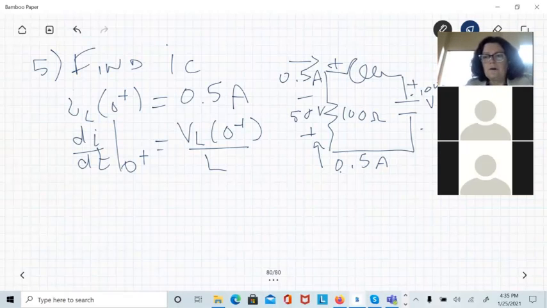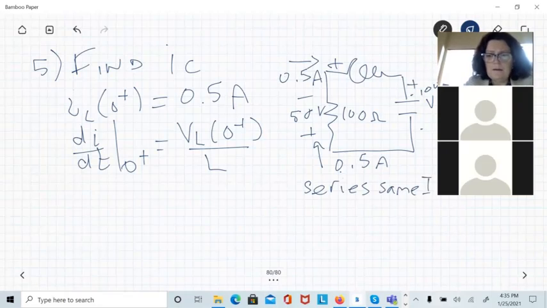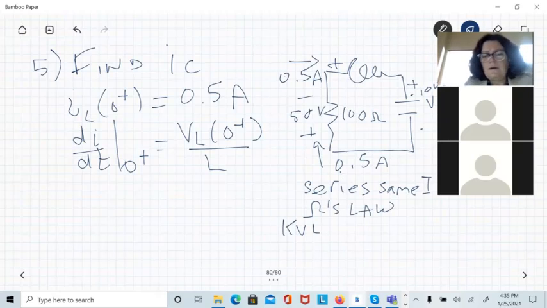All I've used so far is Ohm's law and series have the same current. Now I'm going to use KVL. Going around the loop, I hit a plus, so that's a downward thing. Minus 50, minus VL. I'm hitting plus first all the time.